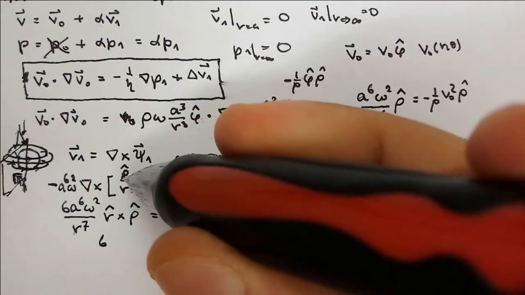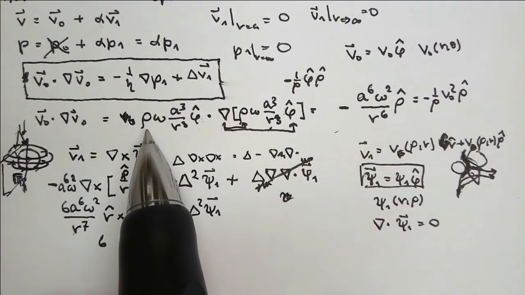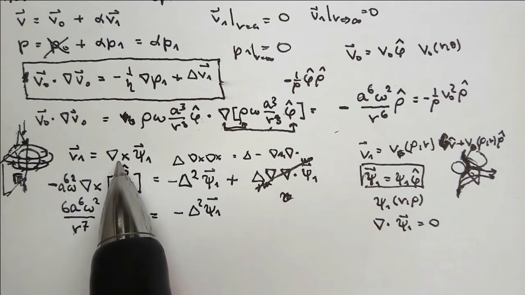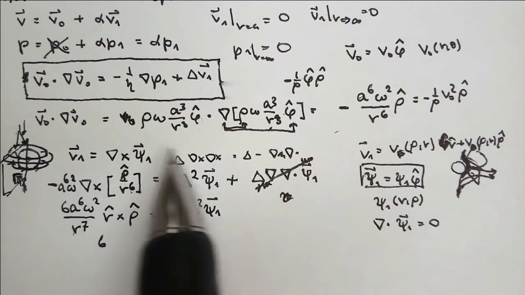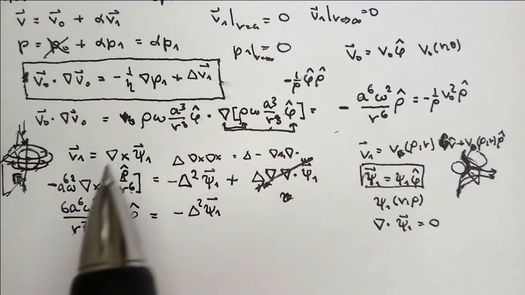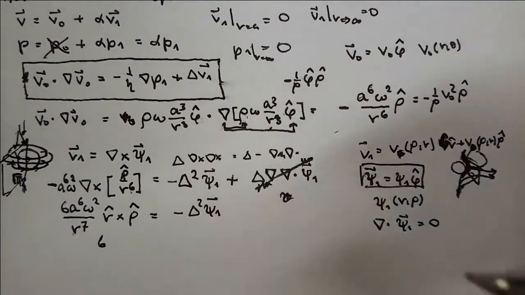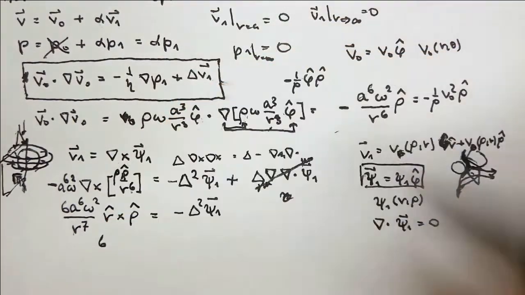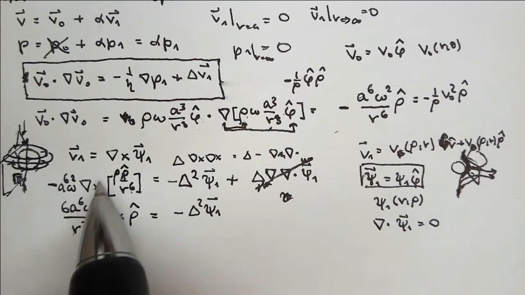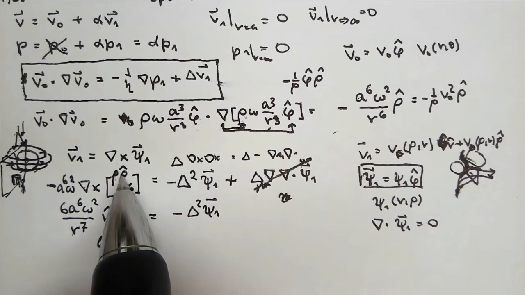I think I forgot something. When I performed this curl in here, I forgot the term from this. This is the term of rho, and it should be also here. And again, it's 0 because the curl of rho is gradient of rho, which is rho hat, and rho hat cross product with rho hat is 0.